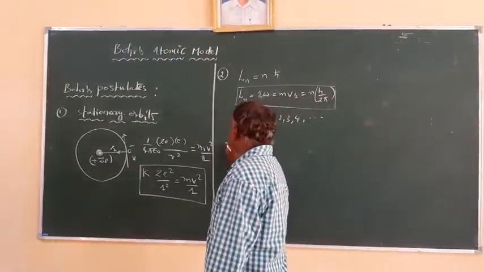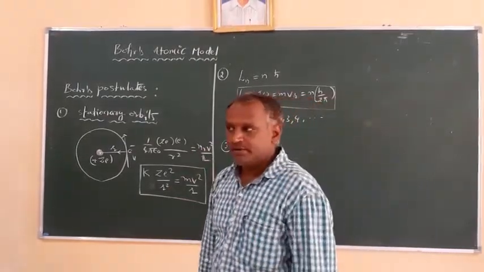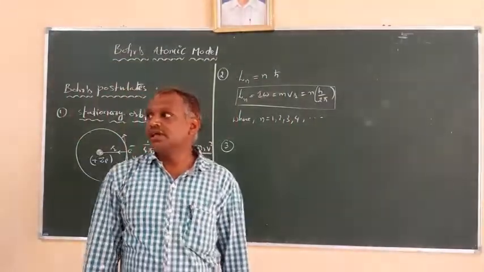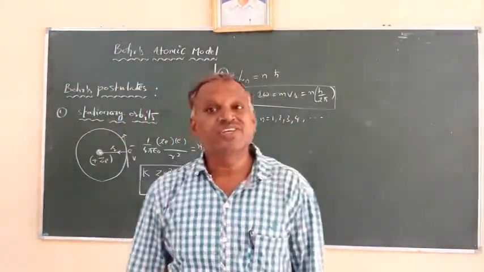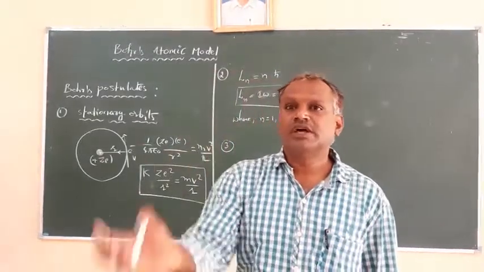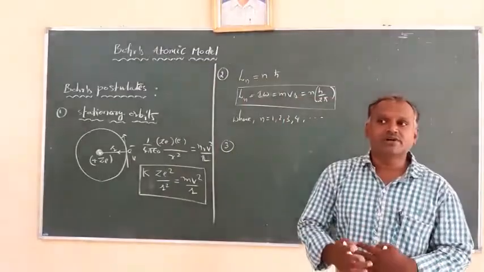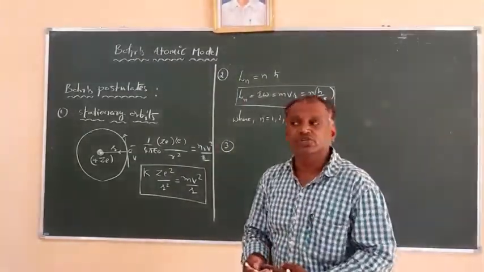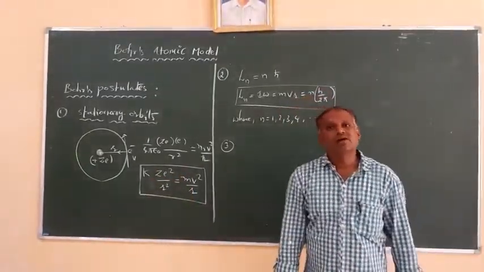And the third one. When these electrons are revolving at different radii around the nucleus, they possess some amount of energy. That energy is the combination of both kinetic and potential energy. Kinetic energy by virtue of its motion in that particular orbital path, and potential energy due to the attraction existing between that electron and the nucleus.